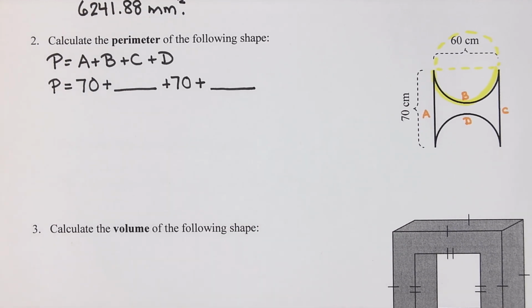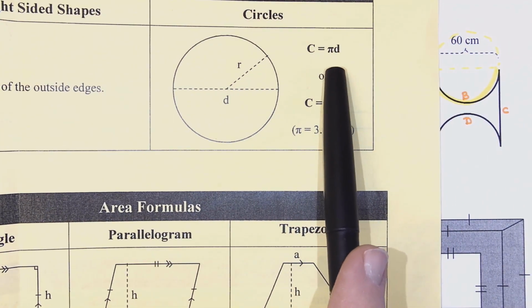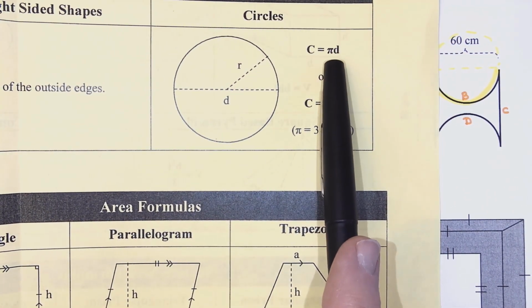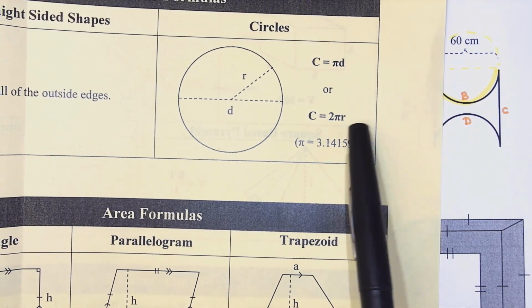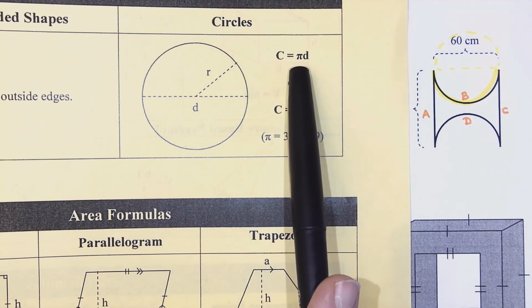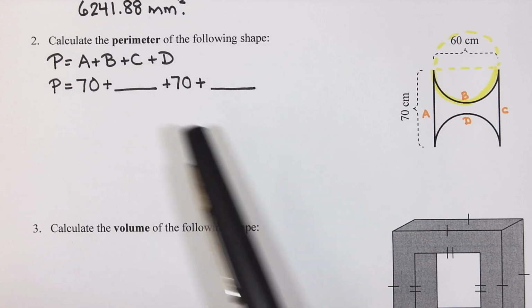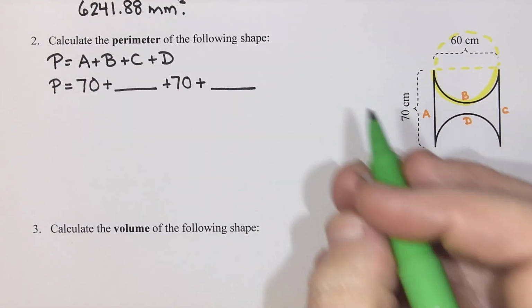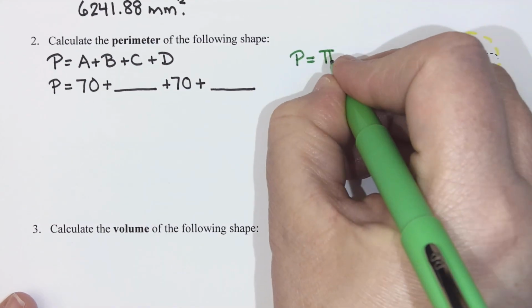And in order to calculate the perimeter or circumference of a circle, I can either do pi times the diameter or 2 times pi times the radius. Now, since I know how far it is all the way across, that's the diameter, so we're going to do pi d. So I don't want to do C equals for circumference. I think I might just do P for perimeter. Doesn't matter. It is pi times d.